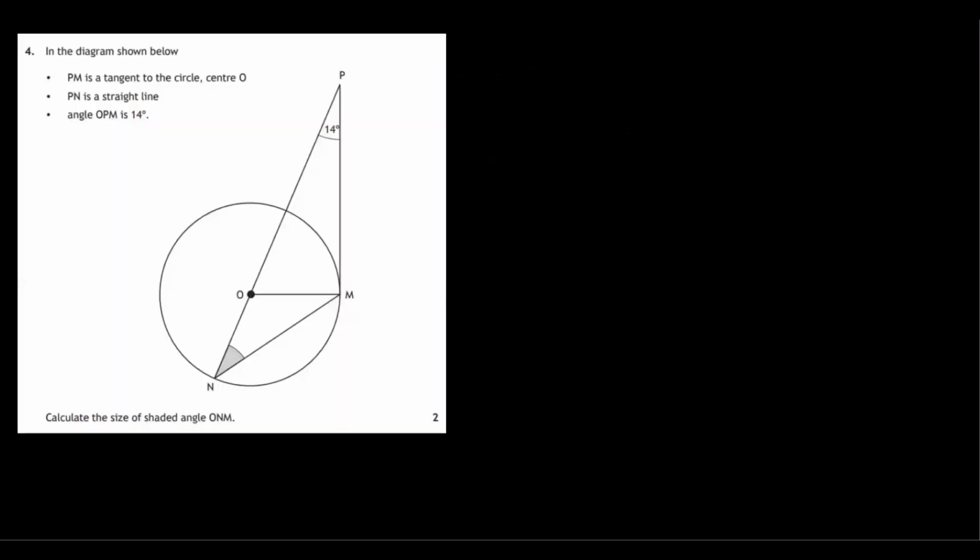Okay, so this is a circle question. So we're trying to find this angle over here. Just use a different color. And we know that this is 14. So by the radius tangent theorem, this is a tangent, and this part is a radius.